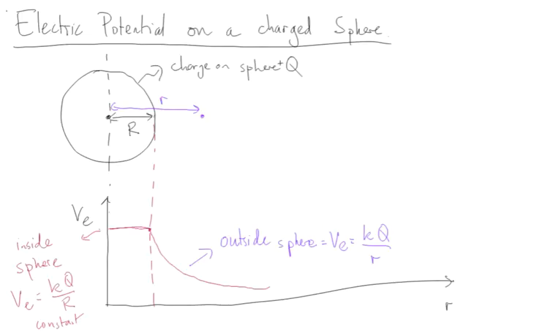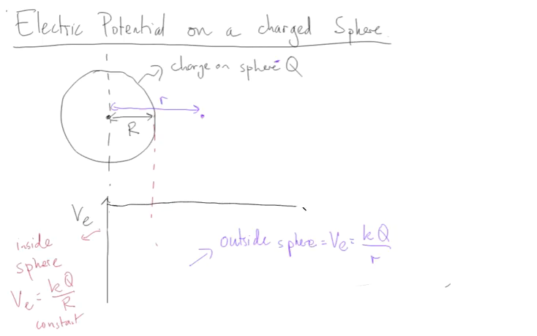Likewise, if we have a negatively charged sphere, let's see how that graph would look. Do some fiddling here to put a negative sign there. Then instead of a positive potential, this would be 0 here, and this is the negative potential down here.